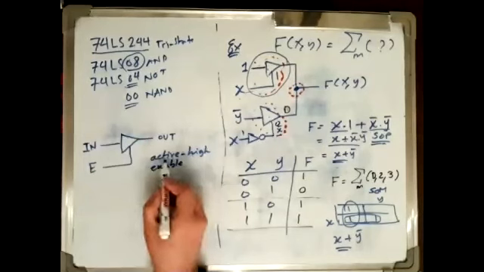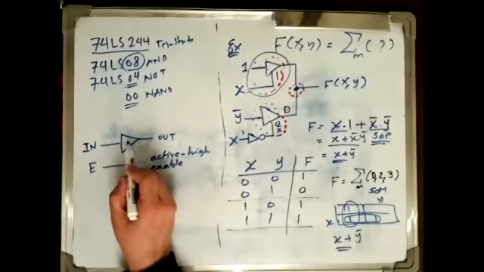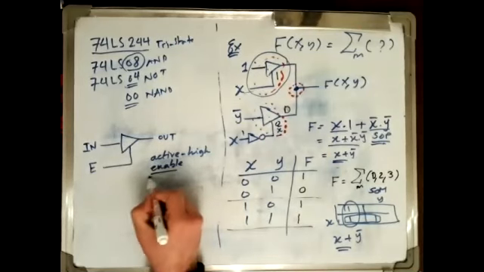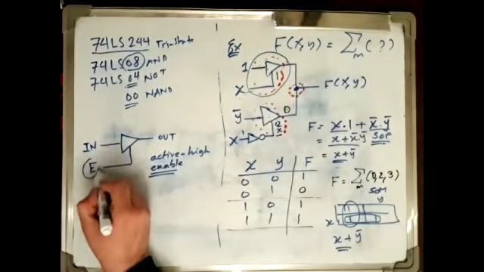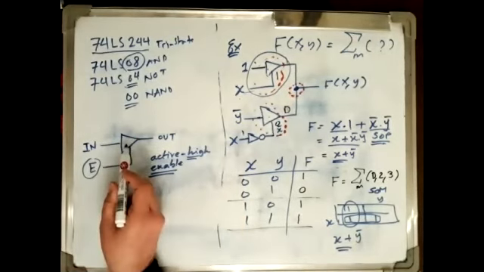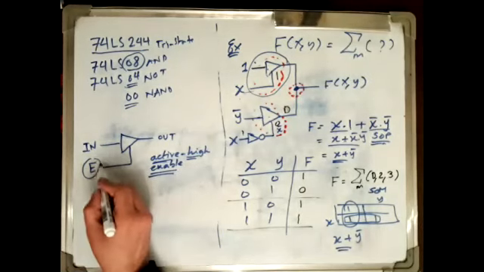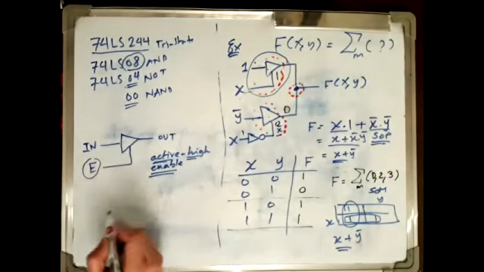What do we mean by active high? Very simple: this tri-state buffer is enabled when the enable signal is high. It is activated or enabled when the enable input is high.